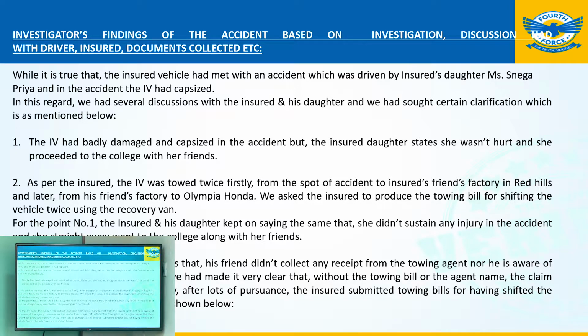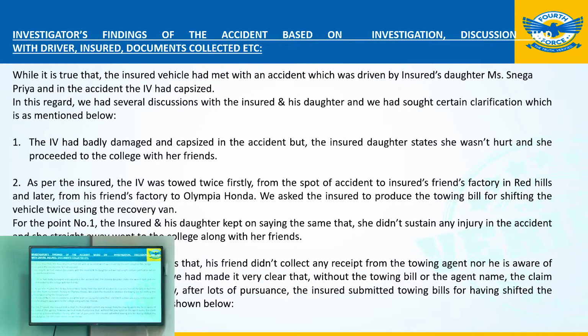Now, after several discussions, the insured was very reluctant in giving information to us, which is very normal in this kind of concealed case, or when somebody wants to fraudulently make a case. This is very, very common. So how did we do it?